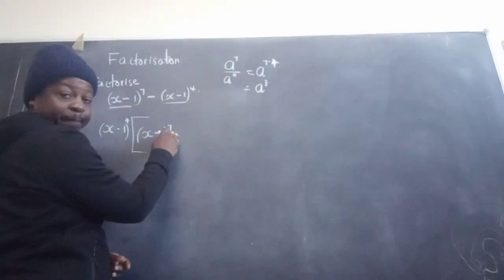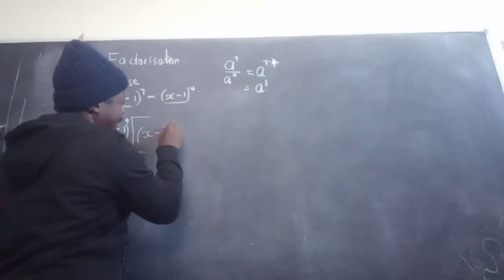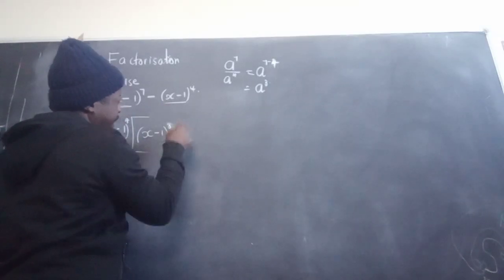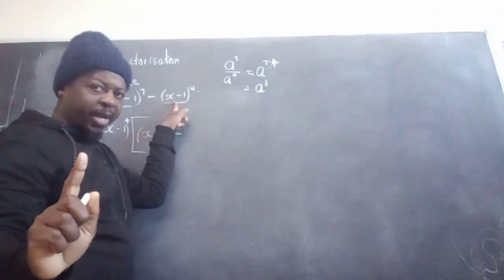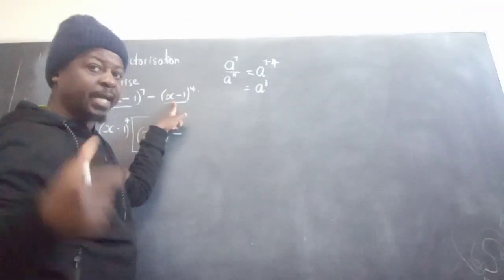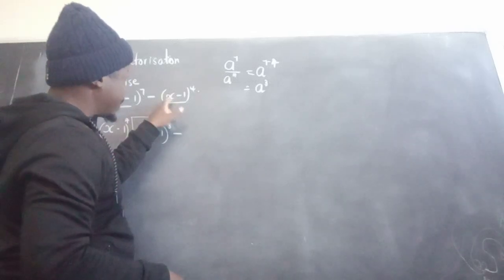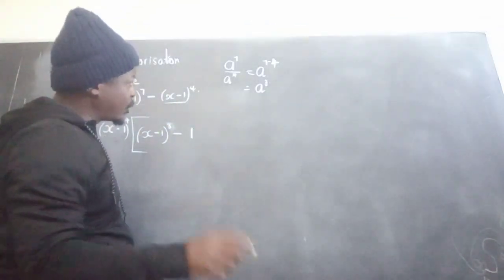As you can see here, I initially wrote a 7, so we're going to correct this one to make it a 3. And then we take our minus, and then we focus on this one, which we are also going to factor out from it x minus 1 to the power of 4. So this now gives me a 1. And where am I getting that 1?